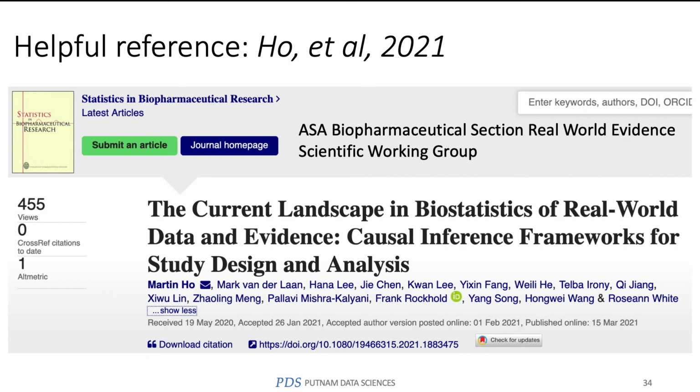So yes, if you define the causal parameter that way, and you do a per protocol analysis with that parameter in mind, then yes, that is the question of interest.